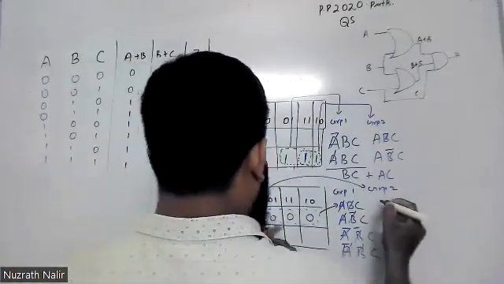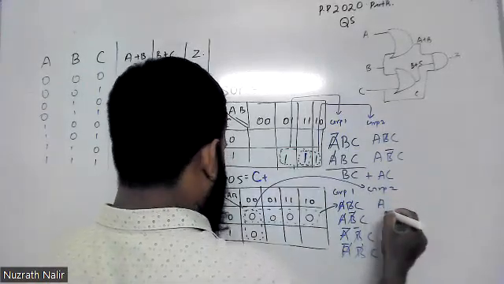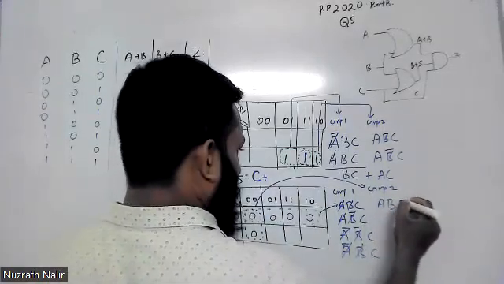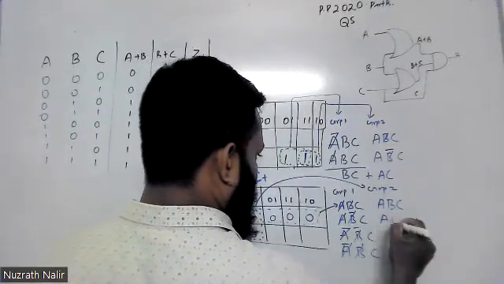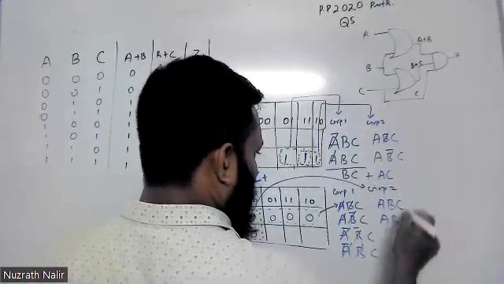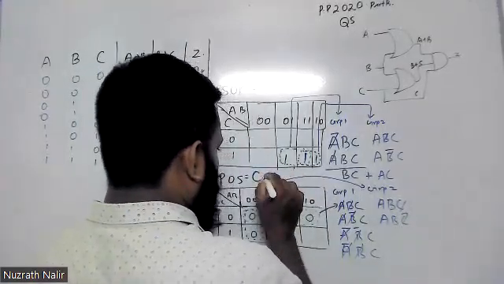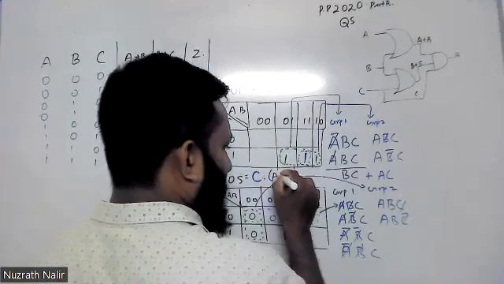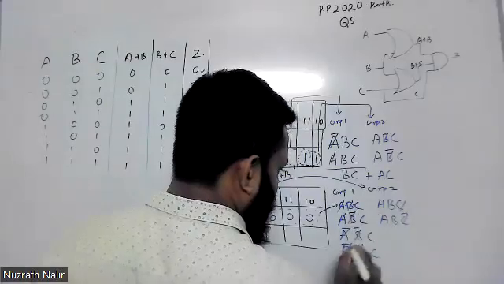C plus, and the group 2, A, B and C. And second one, A, B bar, C bar. So C bar is cut dot A plus B. So here everything is plus now.